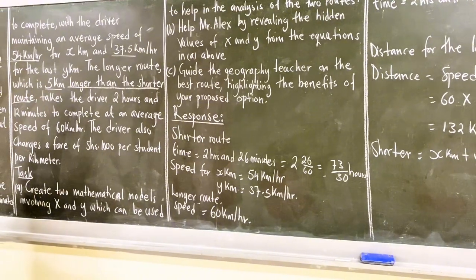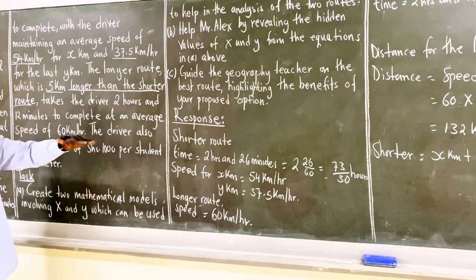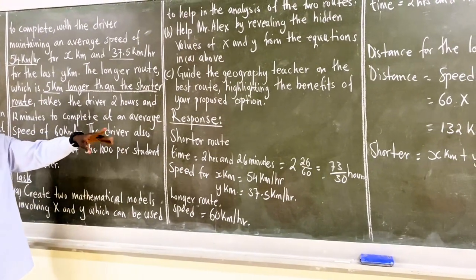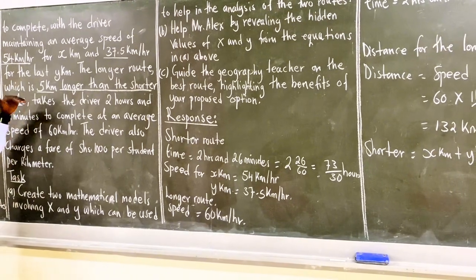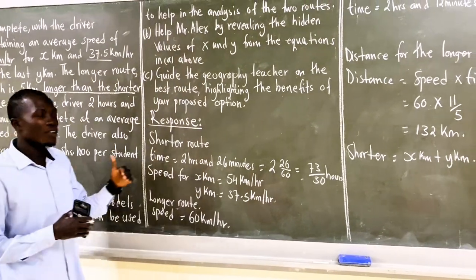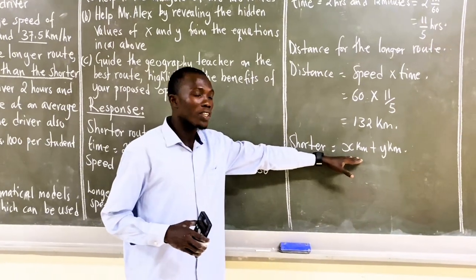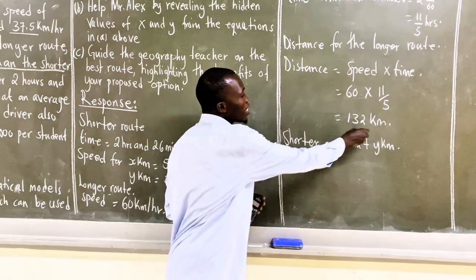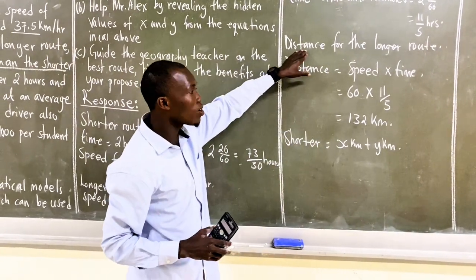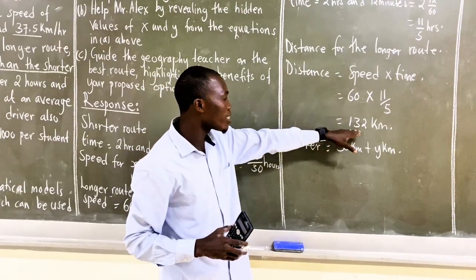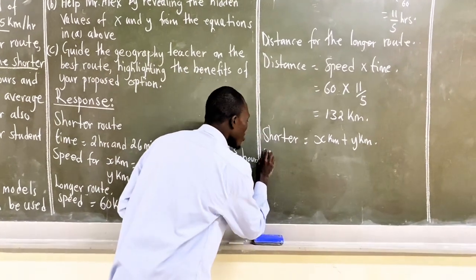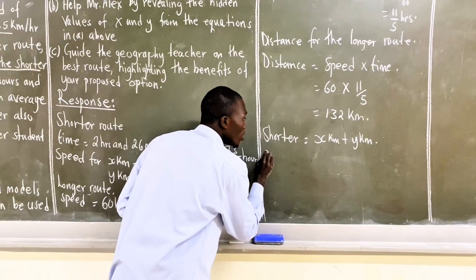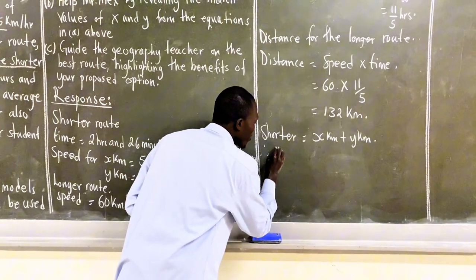So it means if we have the distance for the shorter route to be x plus y, to get the distance of the longer route, it will be adding 5 onto the distance of the shorter route. So we have already calculated the distance for the longer route, which is 132 kilometers.